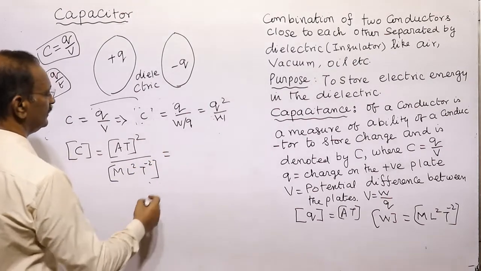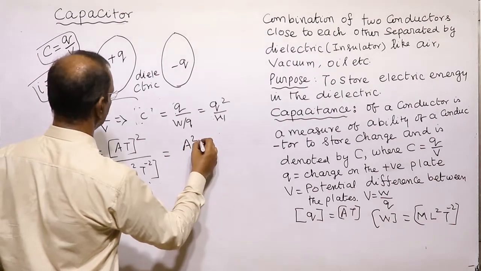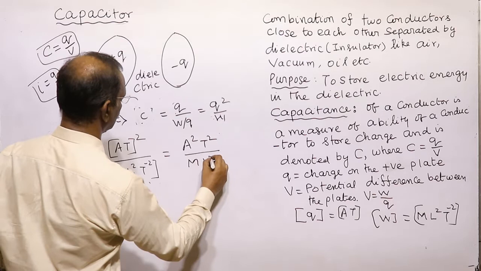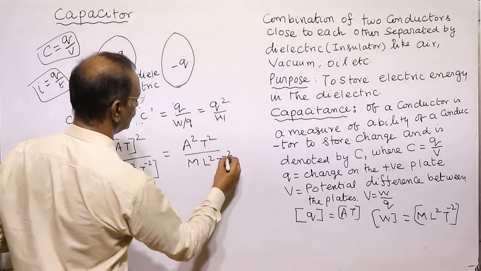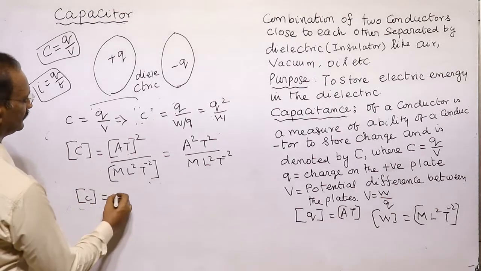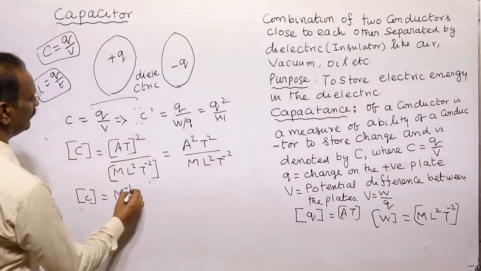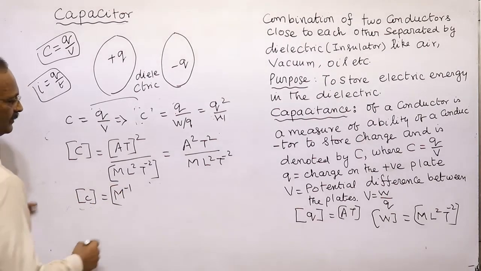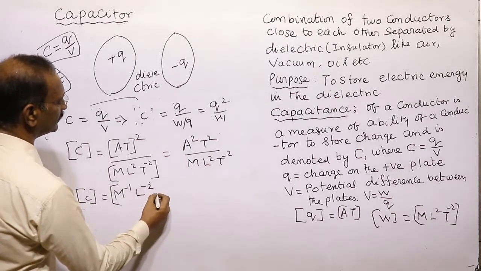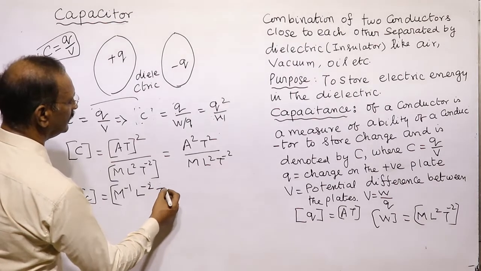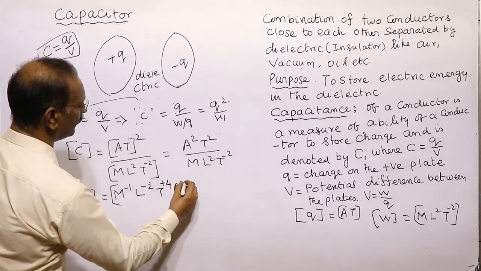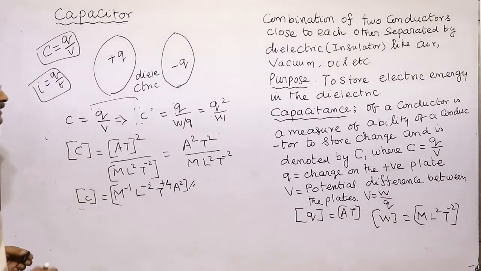So it becomes A square T square divided by M L square T power minus 2. So the dimension of capacitance is M power minus 1, L power minus 2, T power plus 4, A power 2.